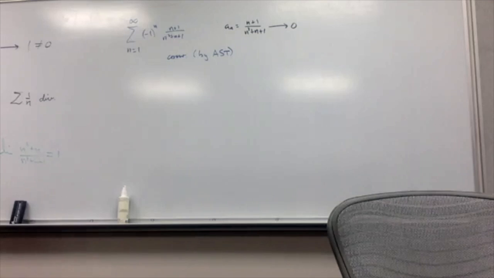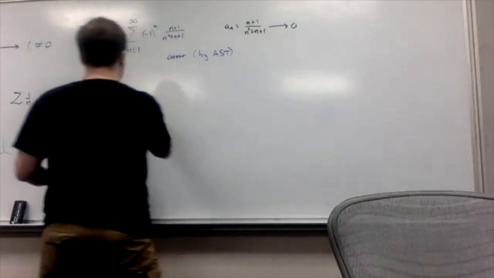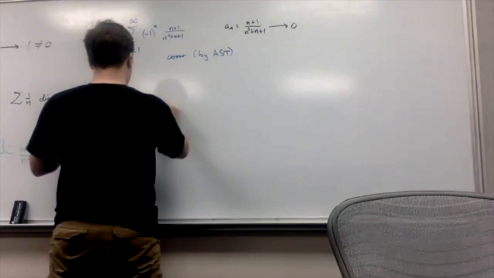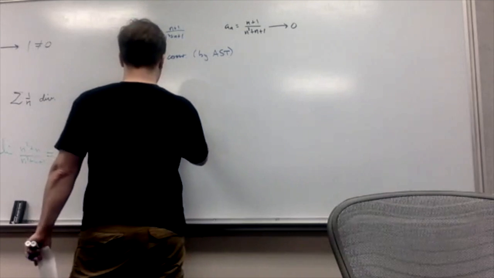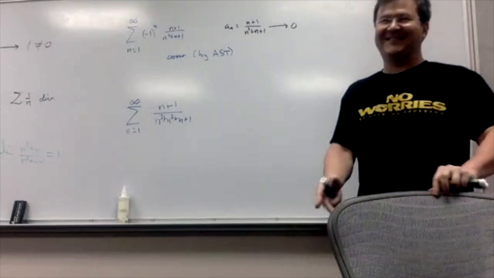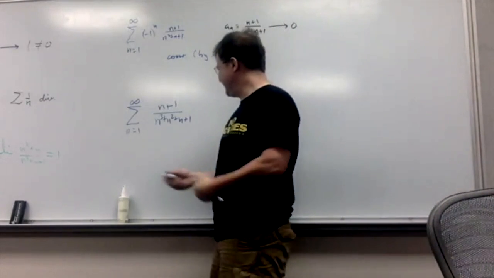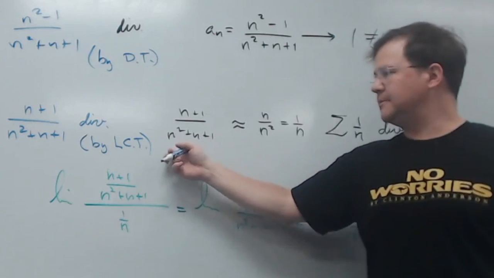And the fourth part of that one, so this, n plus 1 over n cubed plus n squared plus n plus 1. I wasn't really feeling very creative when I created these problems. It's just logical, just one higher degree. Yeah, so the logic here is very similar to the logic used here.